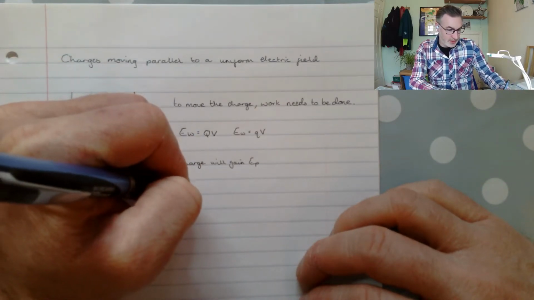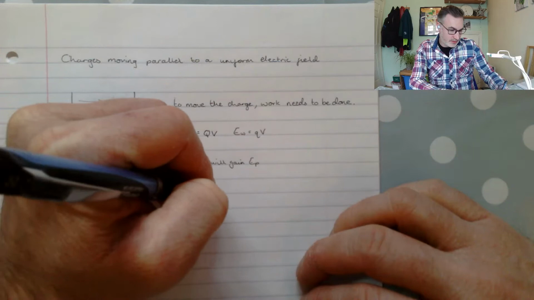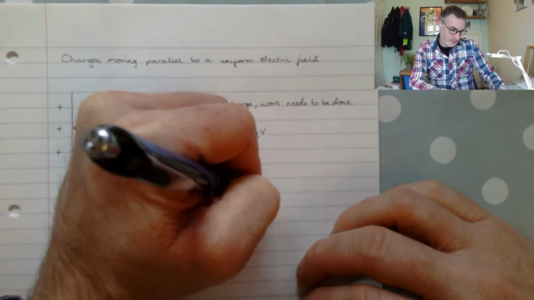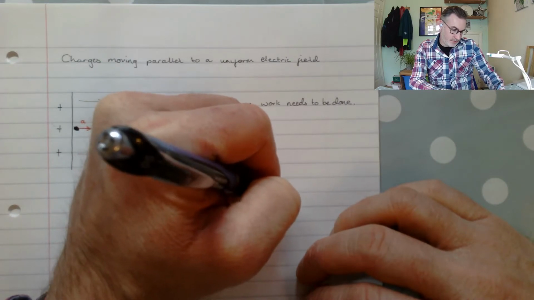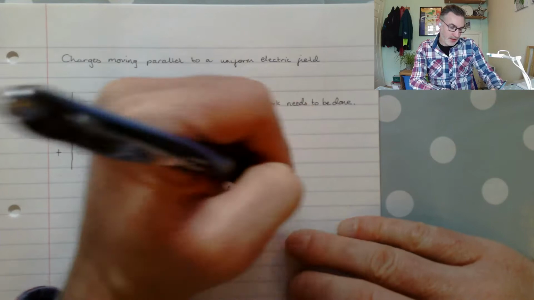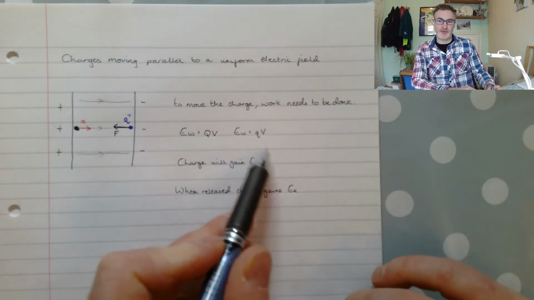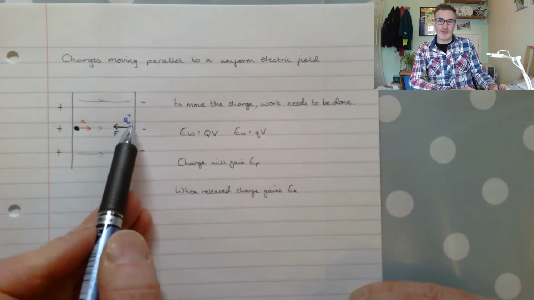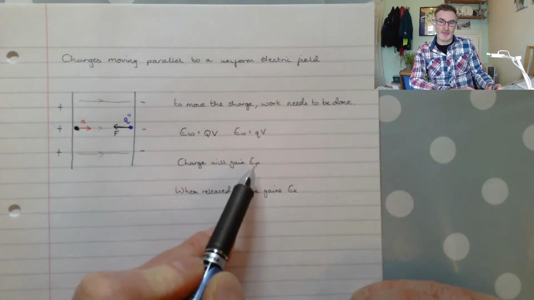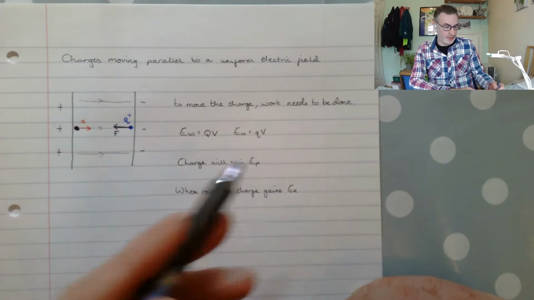So we can say when released, the charge gains Ek. As it gains Ek, it's going to lose this potential energy, to the point where it will be at its maximum Ek at this point here, when the gained potential energy will be 0.